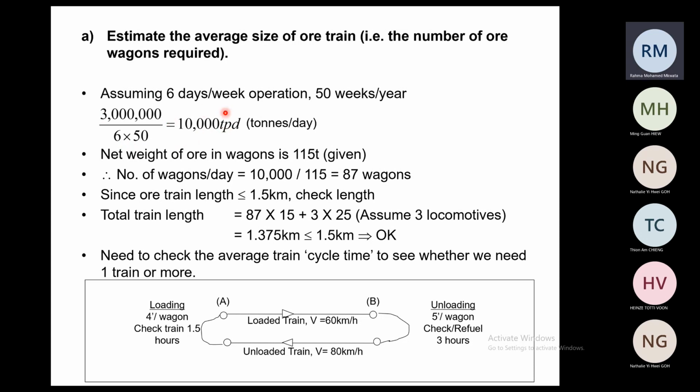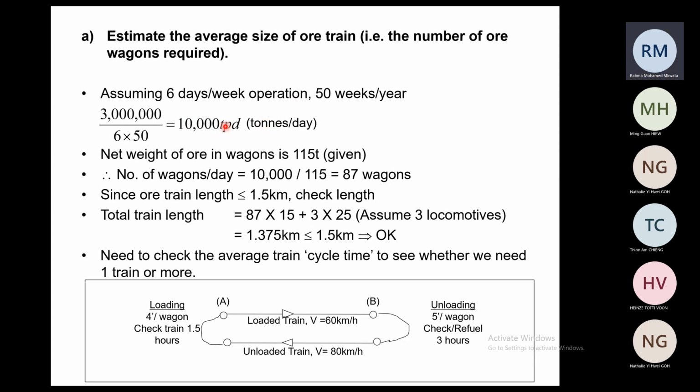This is the load to be carried, or the output that has been produced per day. So we get 10,000 tons per day of material that will be produced. This material needs to be moved from the mining to the unloading station, which is the port.